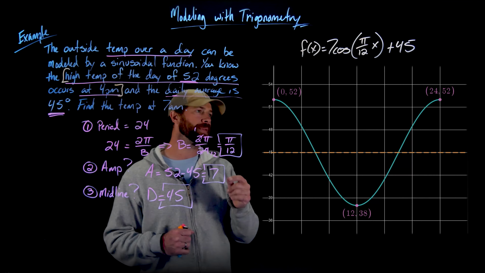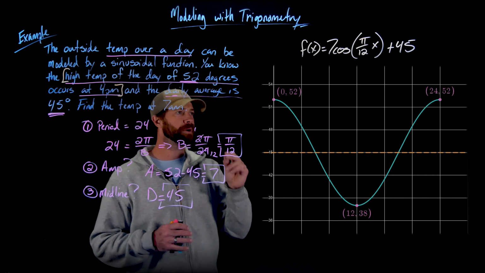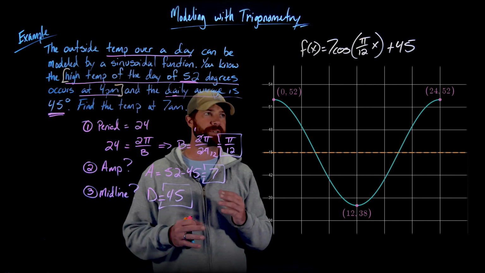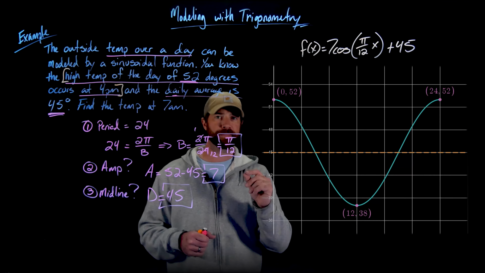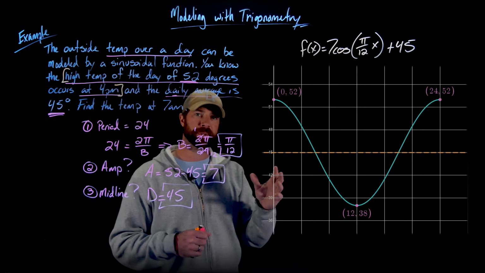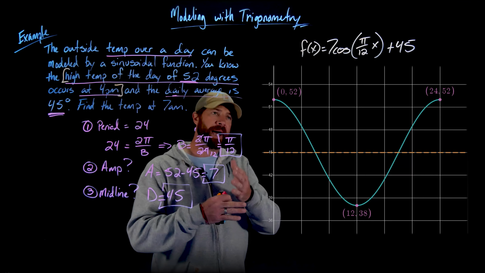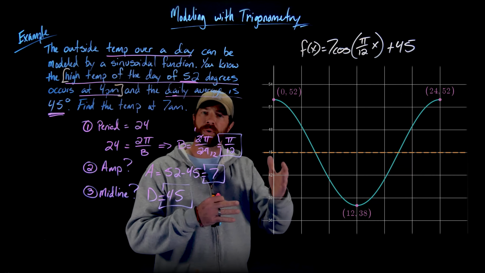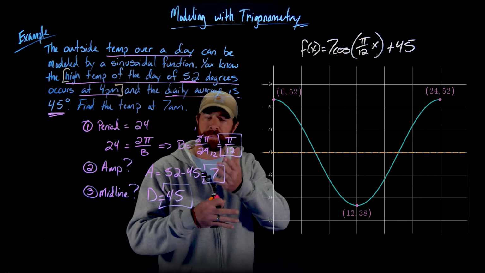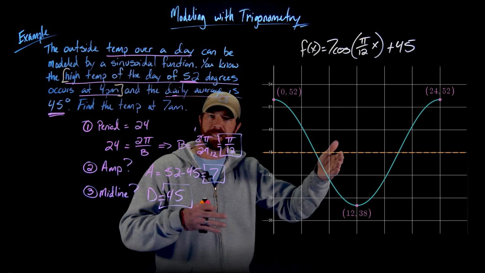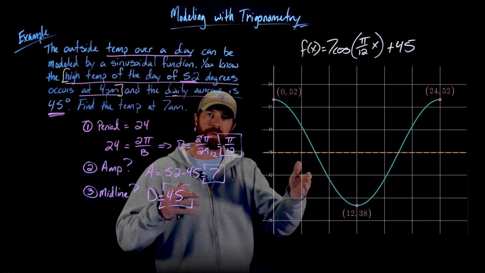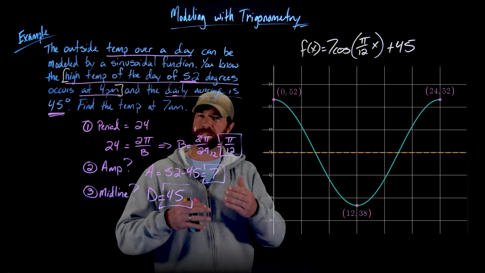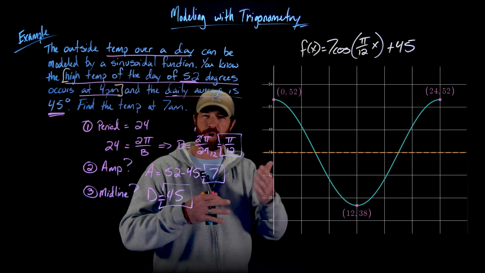The important thing going on here is that I don't want that maximum value to be at 0. I want that maximum value to be at 4 p.m. It's really important, and hopefully you can see this graphical representation. The hours are represented from 0 to 24, 0 being, let's say, midnight, and 24 being the next midnight. So one full day. Noon is 12, but 1 p.m. is 13, right? Because it doesn't start over from 12 to 12.